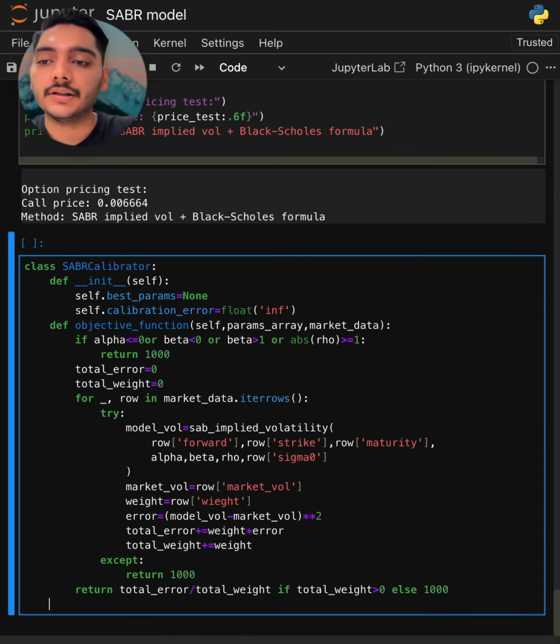So now let's build another function for calibrate, self, market data.